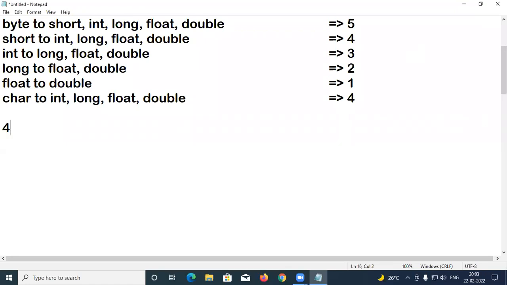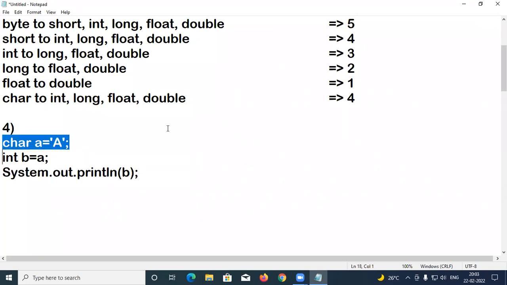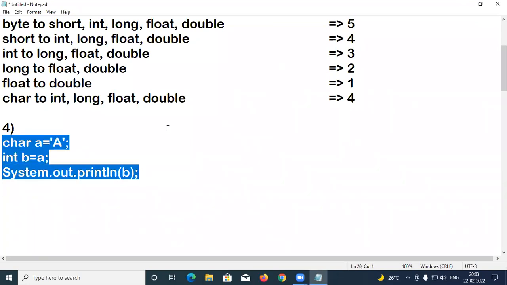Now you observe. Say the fourth code snippet. Now char A equal to capital A. Okay. Int B equal to A. System.out.println B. Now my question is, is this code snippet valid or not valid?